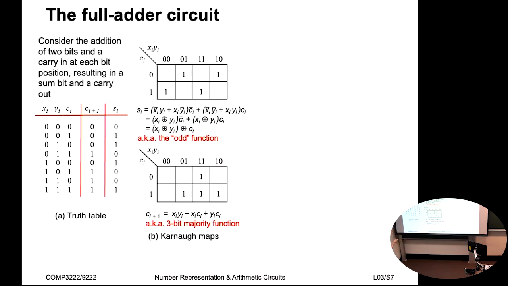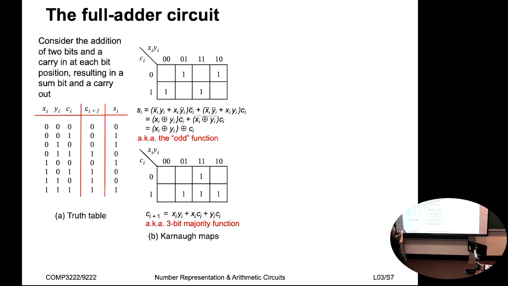That's possibly easier to see from the truth table. If Ci had been the leftmost bit position, it would have been easier to see this. So for all of the rows that have Ci equal to 0, we have 0, 1, 1, 0. So it's the same actually as the bit pattern that we have there.